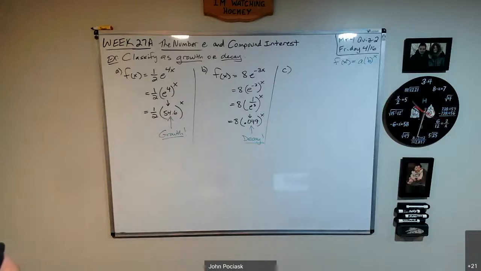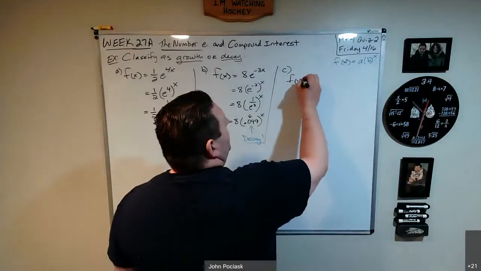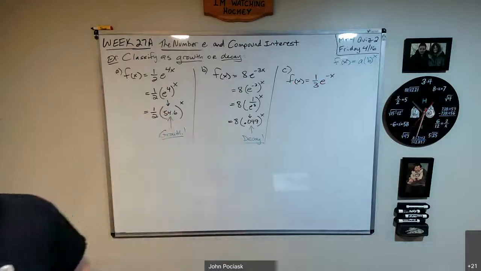I'll just give you one to try real quick. Let's do f of x equals 1/3 e to the negative x. I'll just give you a minute. I'm not going to set the timer.